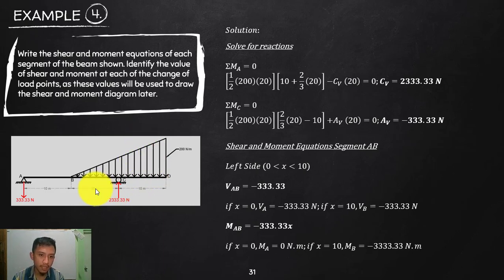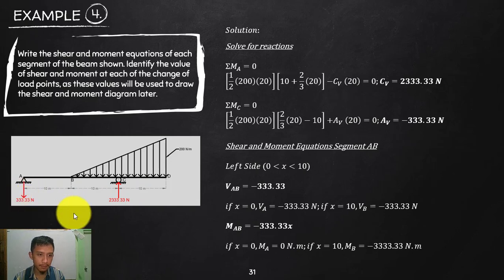It is 1/3 of the base from the longest side. But since I am taking the moment about point A, if the concentration is at 1/3 from this point here, then the remaining distance here is 2/3. That's why you have here 2/3 of that distance, 20. This is the moment arm, and that is the value of the concentrated load. Same thing happens in your C. Okay, take a moment somewhere there.